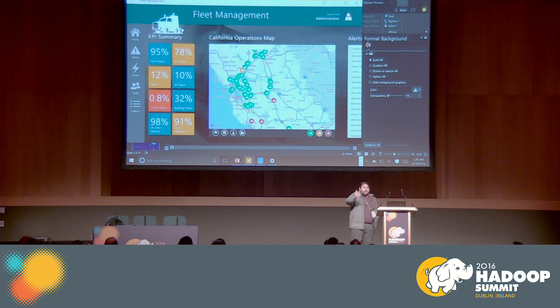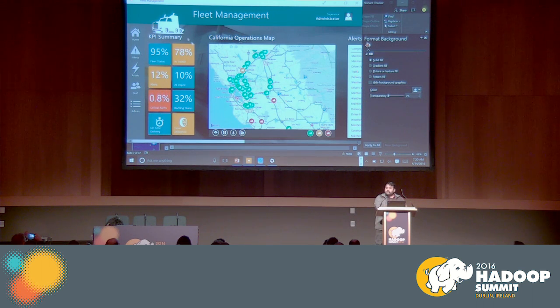On the left-hand side, you see tiles giving you real-time windowed feeds into the data that's coming in and aggregating it for you. Just imagine all of that aggregation across 58,000 trucks, with data coming in every second from about 100 sensors on every truck, all happening in real time for your dashboard, and you getting a summary of it in no time at all.